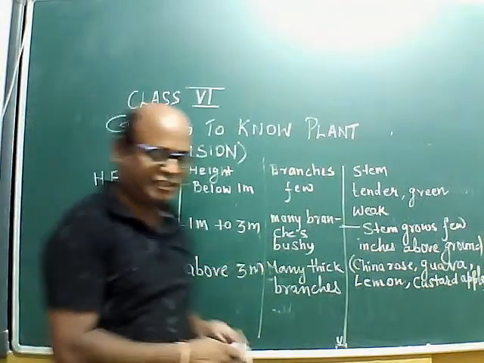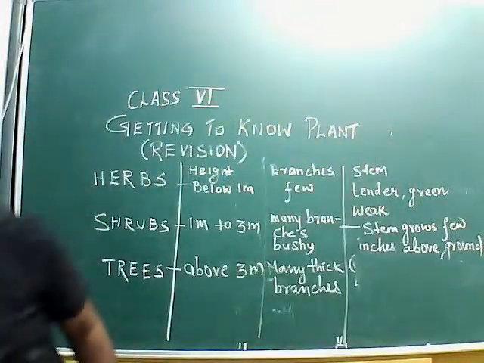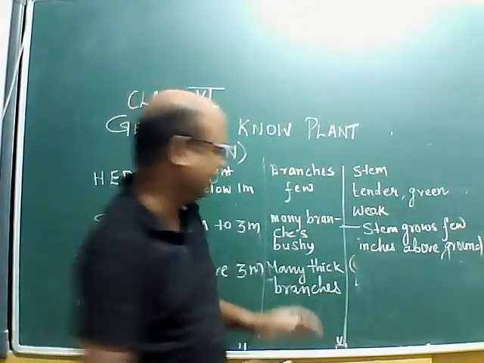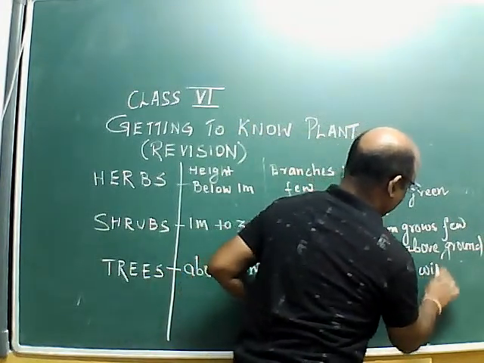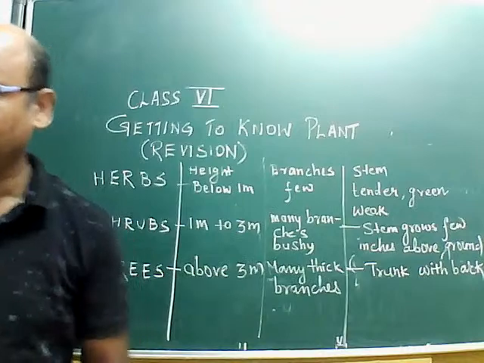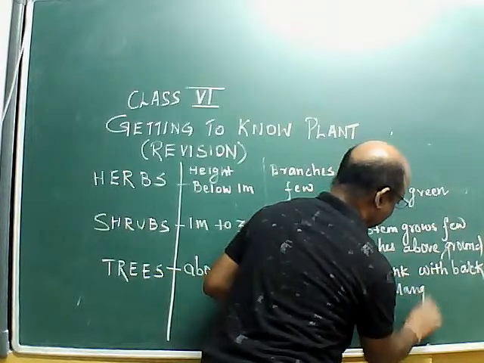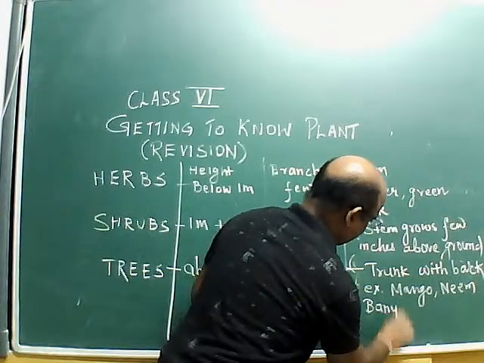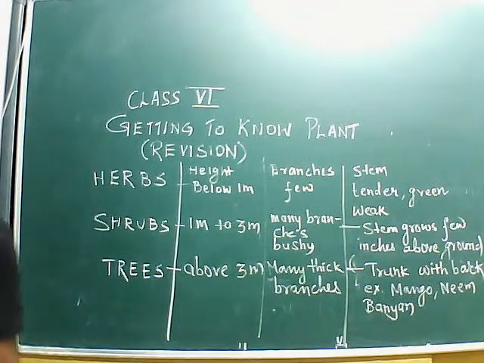And how is the stem? Very thick stem called trunk, covered with the bark. Trunk with bark. This bark is the protective covering. Examples: mango, neem, banyan. All these are examples of herbs, shrubs, and trees.